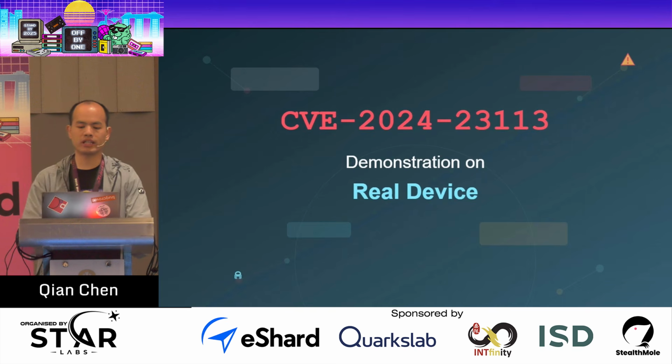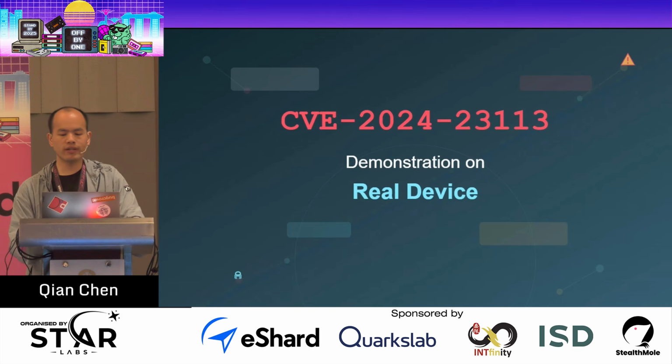The following is a demo video showing the exploitation on real devices. Notably, the FGF protocol packets used here are exactly the same as those used in the emulated environment.